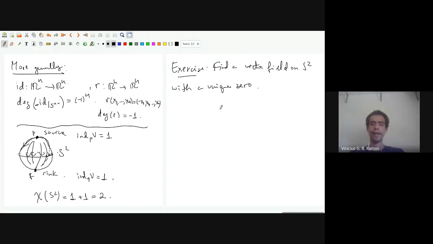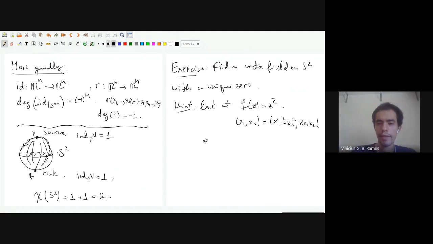So I'm going to give you the hint. The hint is to look at the function z goes to z squared. So the vector field locally near its 0 is like z squared. So what is that? x1 squared minus x2 squared, and then 2 x1 x2. Something like that. So I think it goes like this.